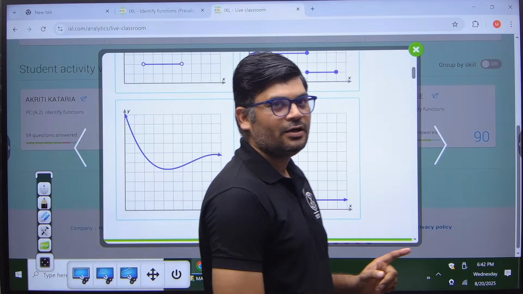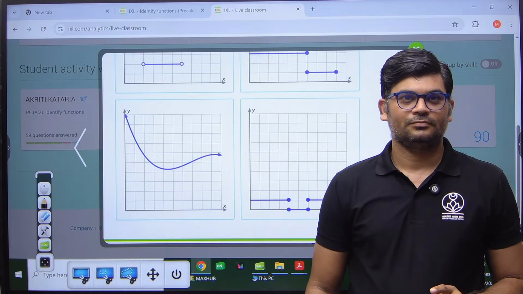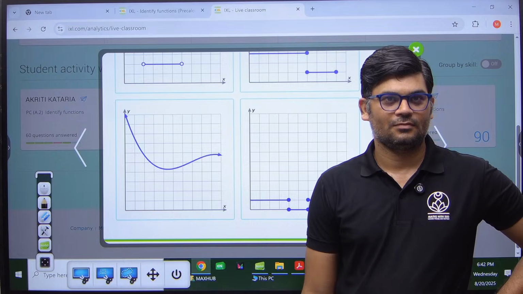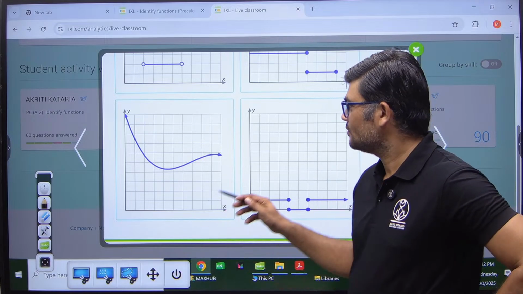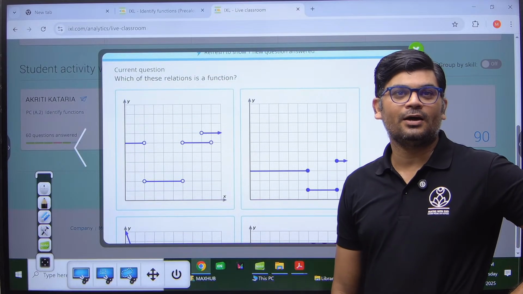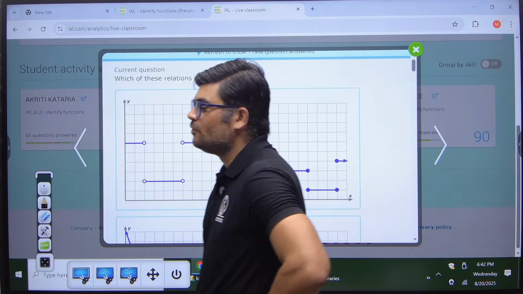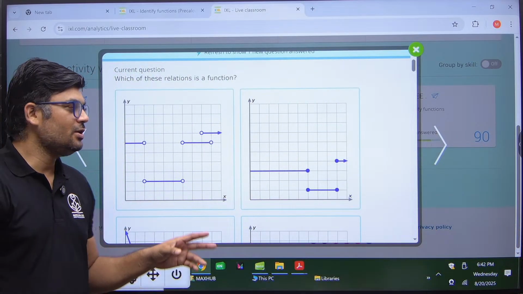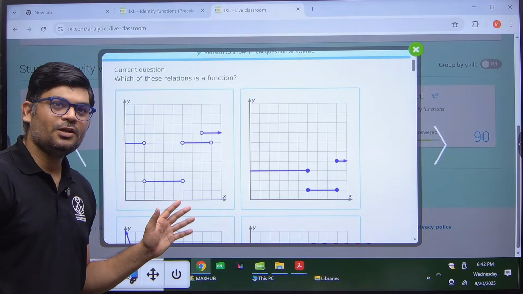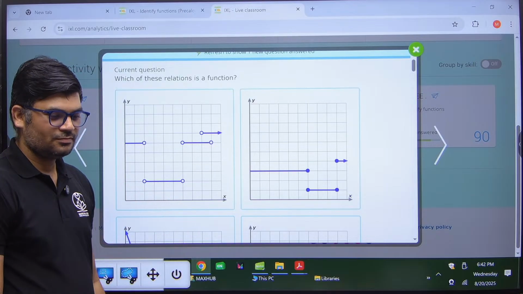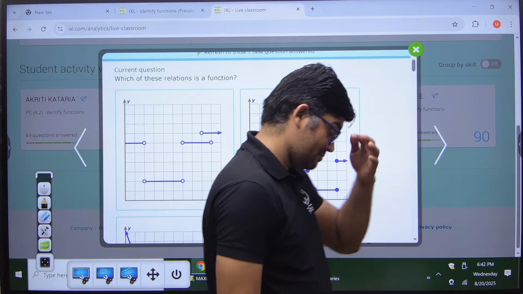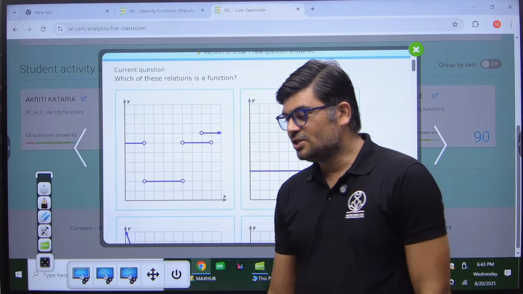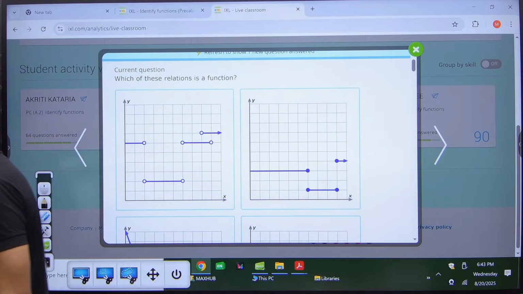Shrimoy, any doubt, beta? It still keeps freezing randomly. You can switch off your camera if it is freezing. Now can you see? Can you hear me now? It's the same, the video is randomly freezing. Okay, let me share the YouTube link with you.